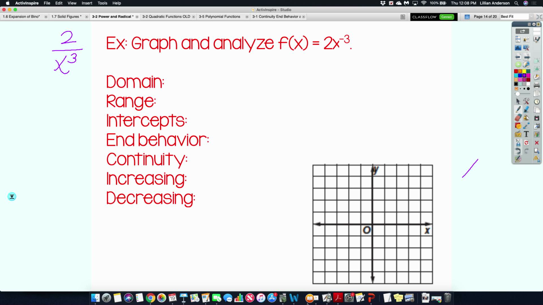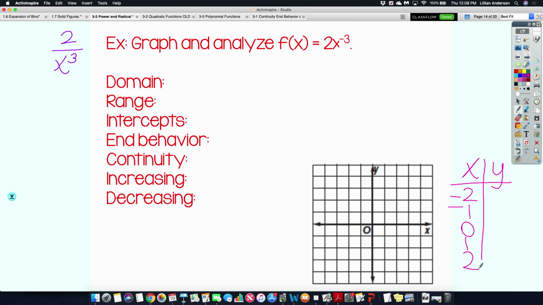Because now when I make my table, we can never switch colors. When I plug in -2, -1, 0, 1, and 2, it makes it a little bit easier to raise to a positive power than a negative one. What's -2 to the third power?